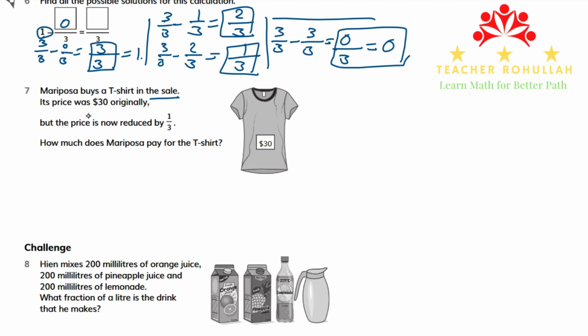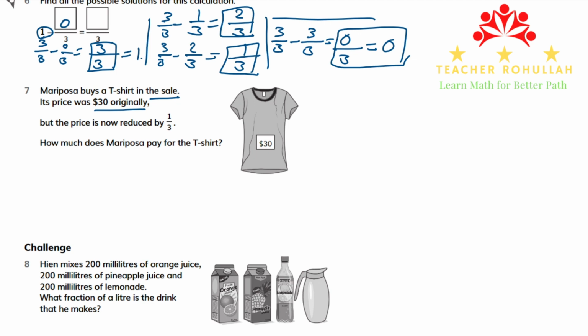So here it says its price was $30 originally, but the price is now reduced by 1/3. It means the $30 is divided into three equal parts, and out of those three equal parts, one part is reduced.